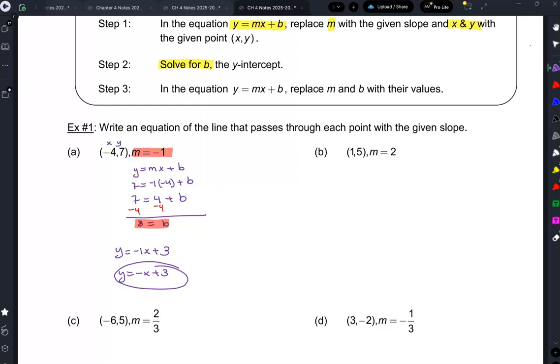So now let's do this one. This is x, this is y, and this is m. So let's plug it in here. y is equal to mx plus b. Do you see how I sound them out? So now go ahead and solve this for b. So 5 equals 2 plus b.